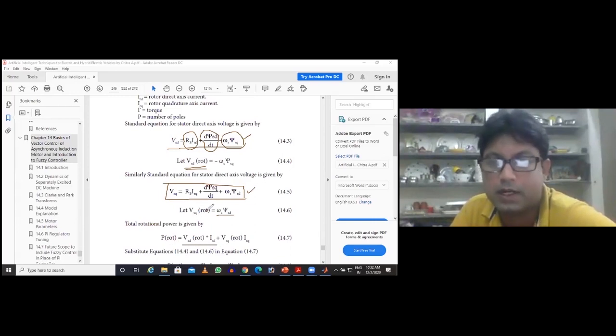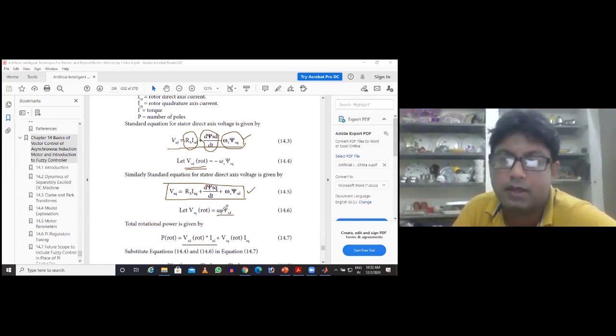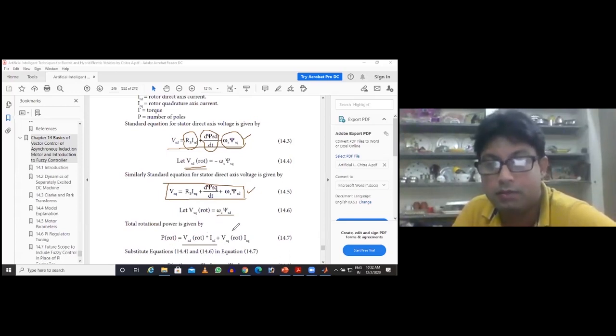So total rotational power, that means the power involved for the rotation, is this one: stator direct axis rotational voltage into stator direct axis current, and the quadrature part.